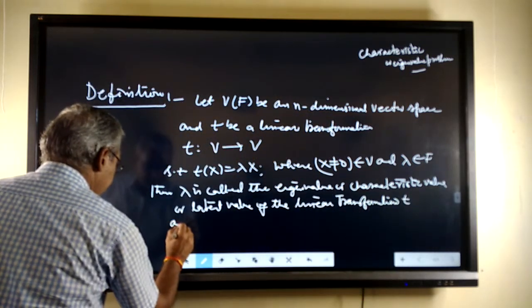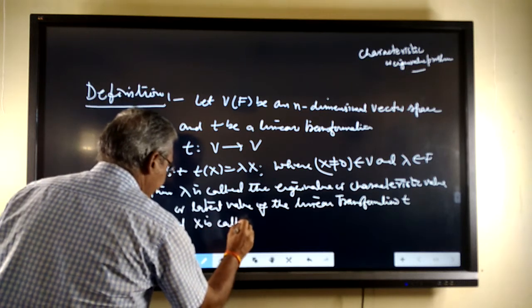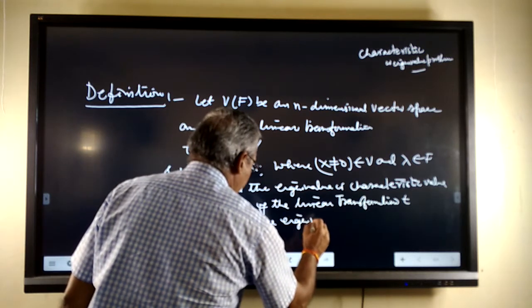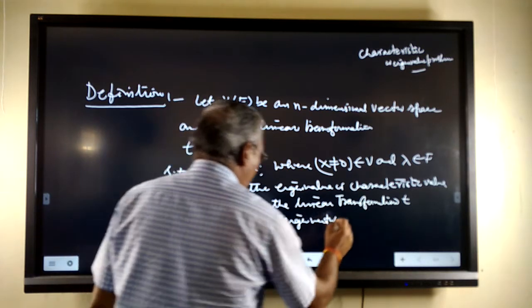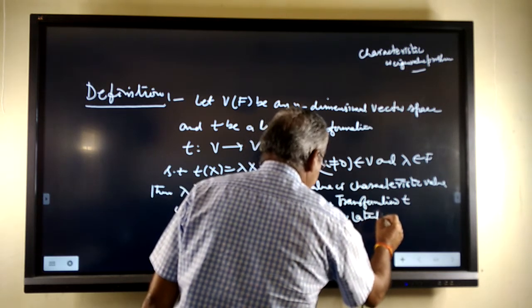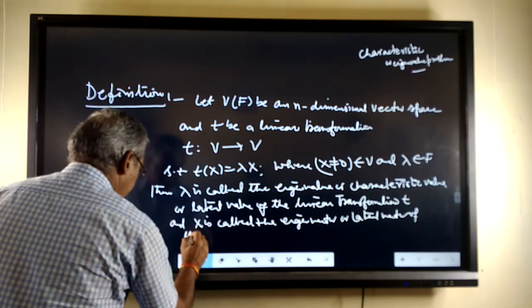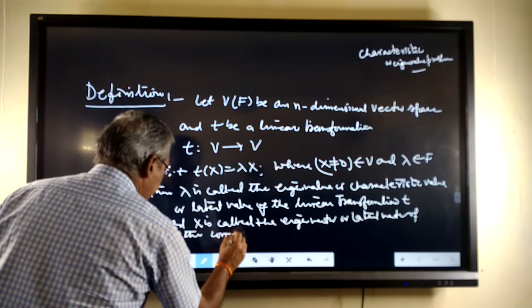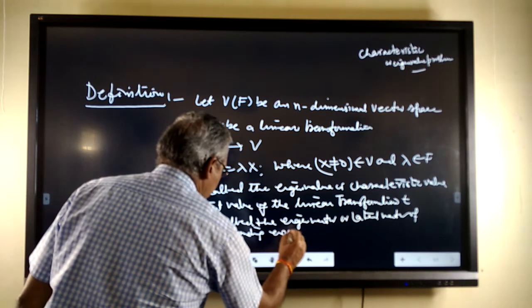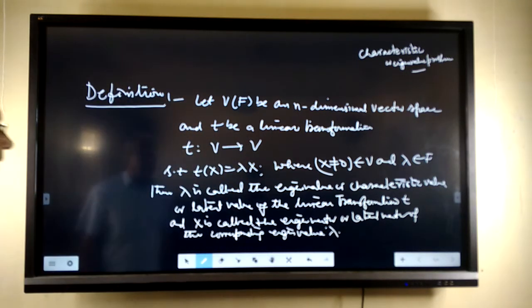and x is called the eigenvector or latent vector of the corresponding eigenvalue lambda.